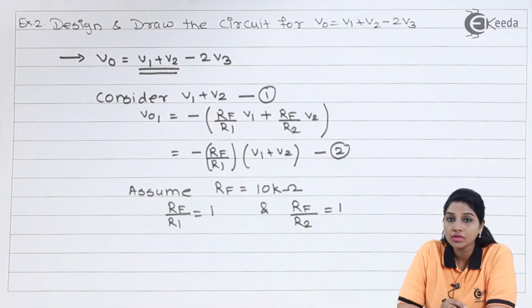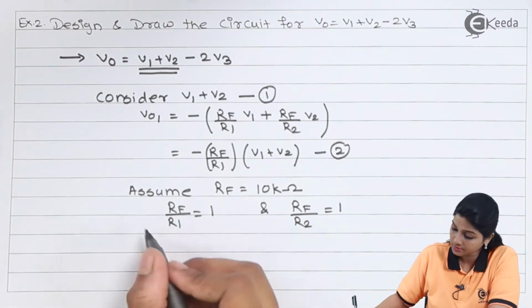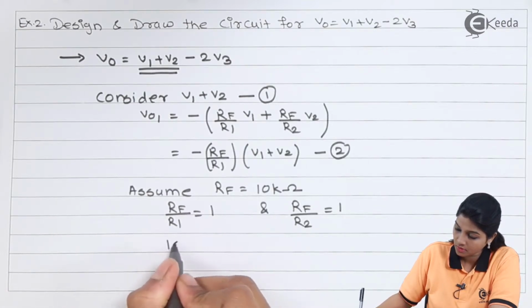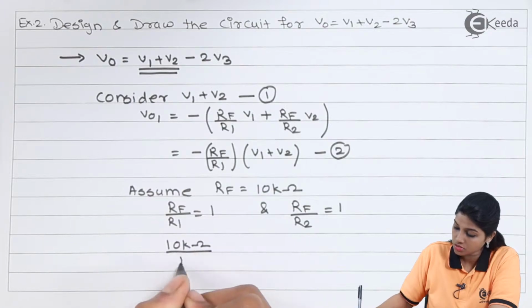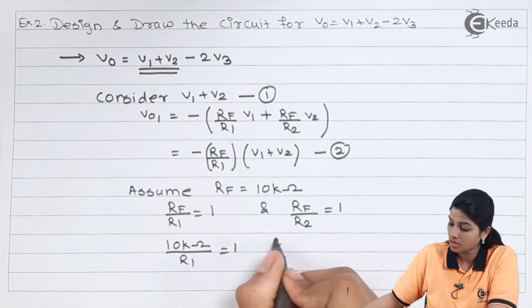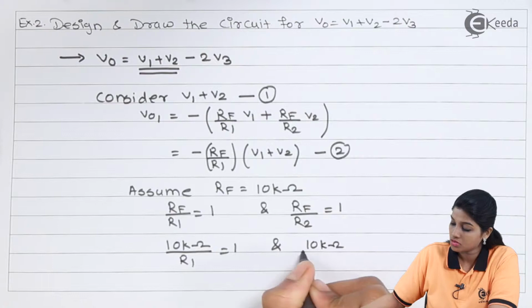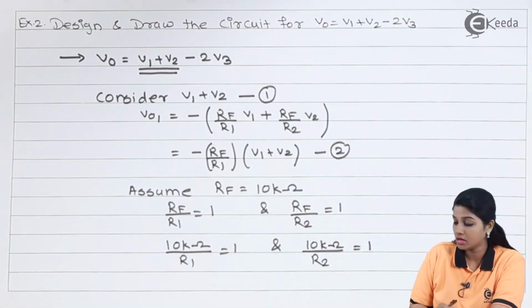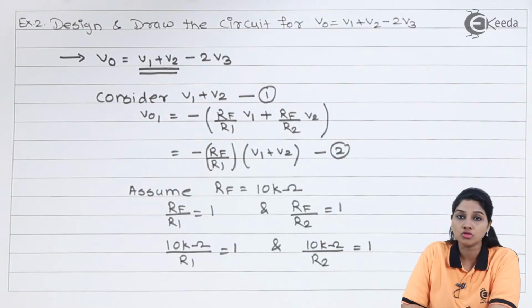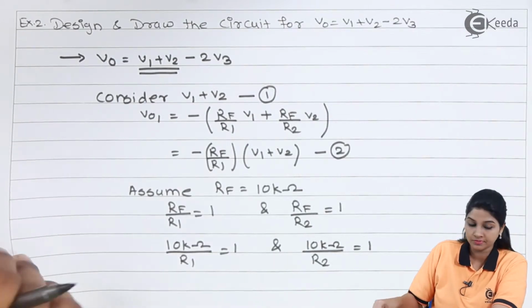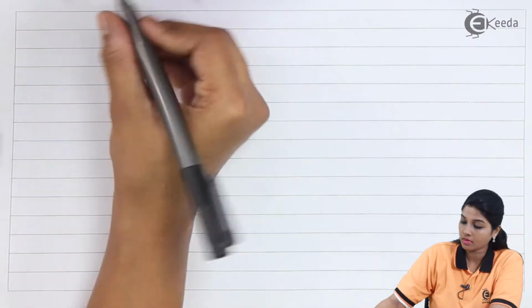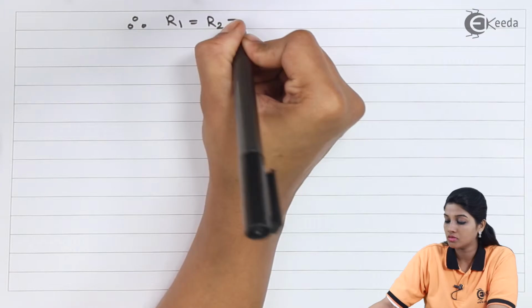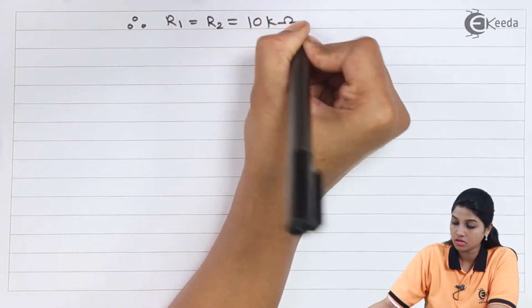So from this we will get value of R1: RF is 10 kilo ohms upon R1 is equals to 1, and 10 kilo ohms upon R2 is equals to 1. So we will get R1 as 10 kilo ohms and R2 also as 10 kilo ohms. Therefore R1 is equals to R2 is equals to 10 kilo ohms.